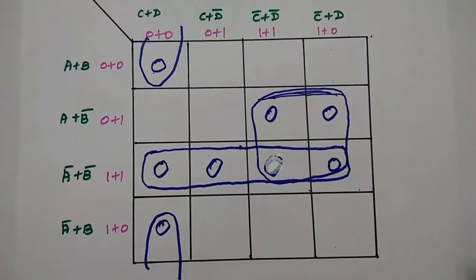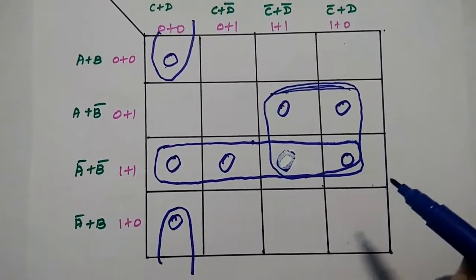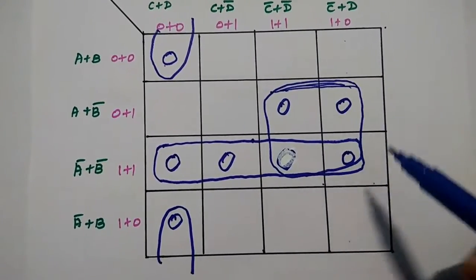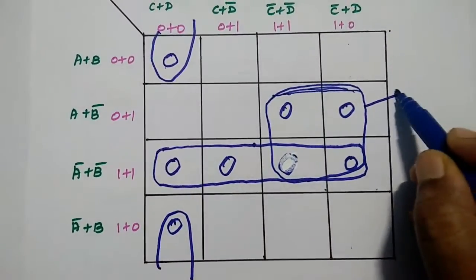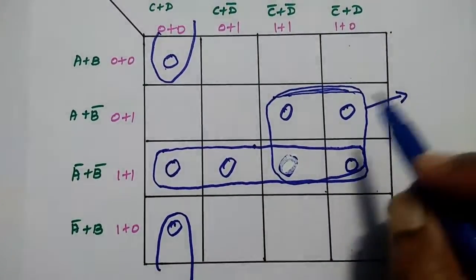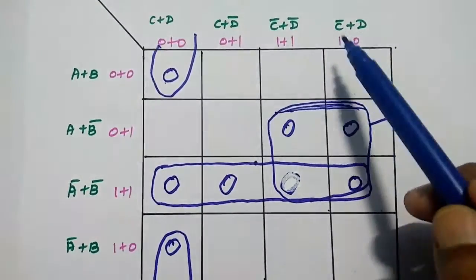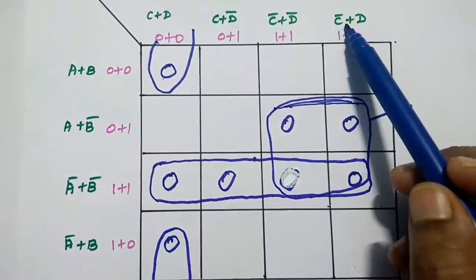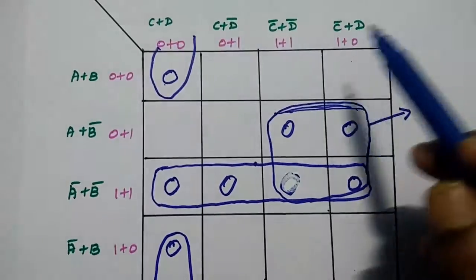The next step is to simplify the Boolean expression for each group. So first we are going to consider this group. For this group, what is the common term? For these two rows, first consider these two columns. Here it is C bar, here it is C bar, here it is D bar, here it is D. So we can take only the common term.